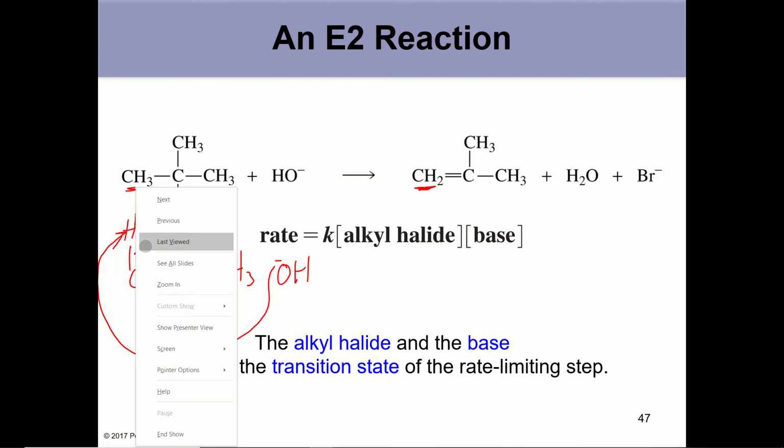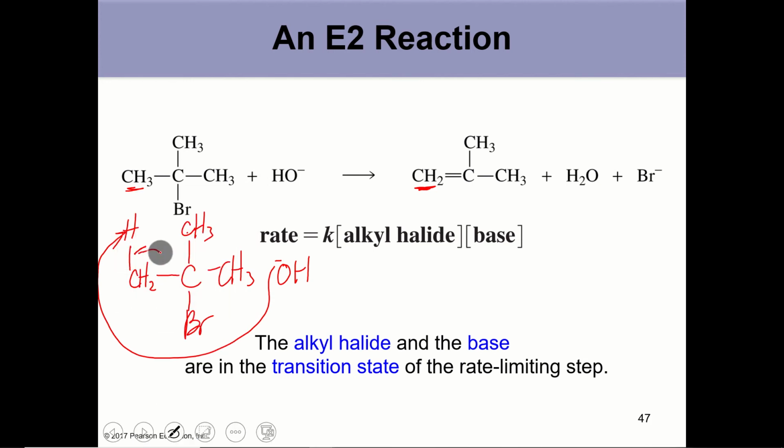The bonding electrons for carbon to hydrogen fall to form the pi bond, and the halogen gets kicked off like a boot kick with its electrons, and that gives us as a final product our alkene and water, because the hydroxide gains a proton, and a bromide ion.